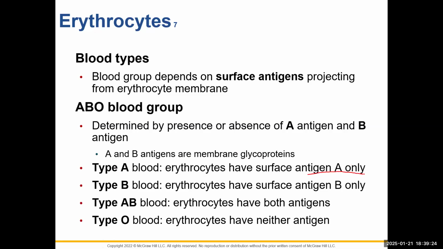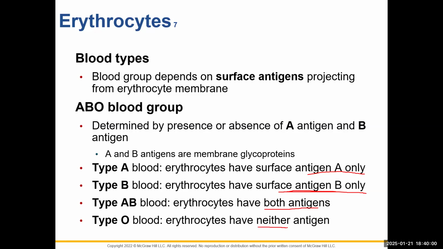So when someone says to you, I am type A, you should immediately think their red blood cells have the surface antigen A only. If you're type B, same thing: you only contain the surface antigen B only. If you are type AB, then you'll have both antigens, antigen A and antigen B. And if you're type O, you will not have either one.